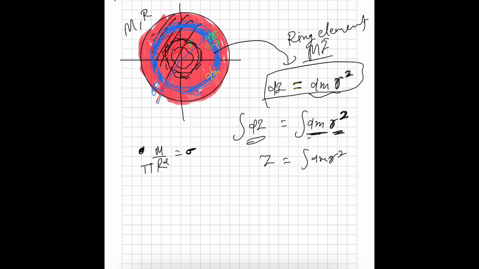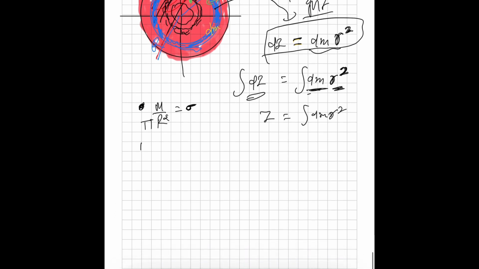The whole mass is distributed in the area of this disk. So that sigma will be equal to dm divided by the area of this ring.